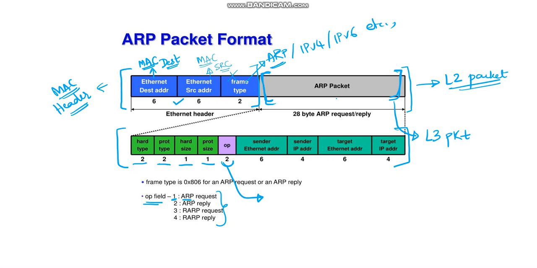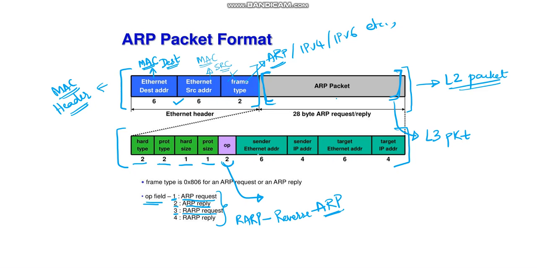One refers to ARP request, two refers to ARP reply, three for RARP. Here RARP refers to reverse ARP. Okay, we will talk about it further in the next videos. In this we will focus on ARP.